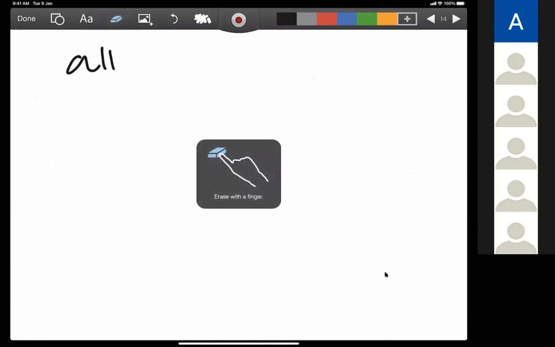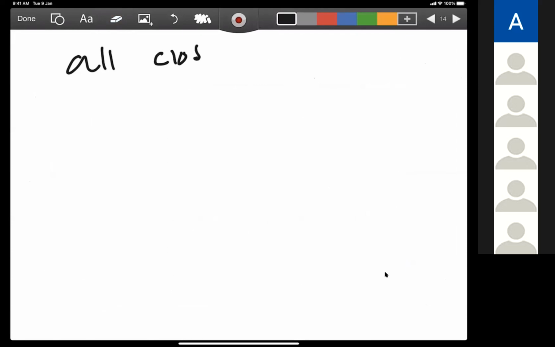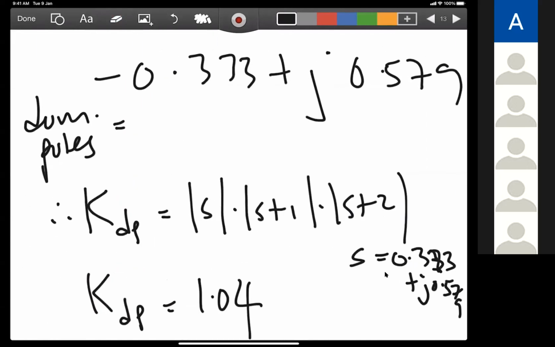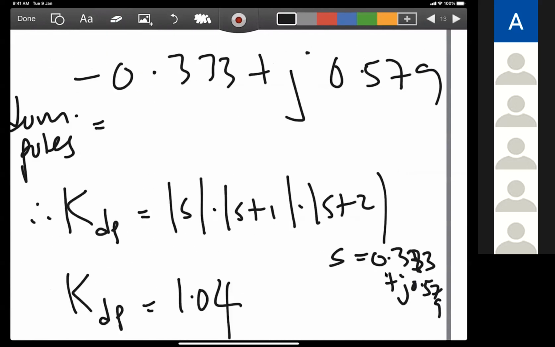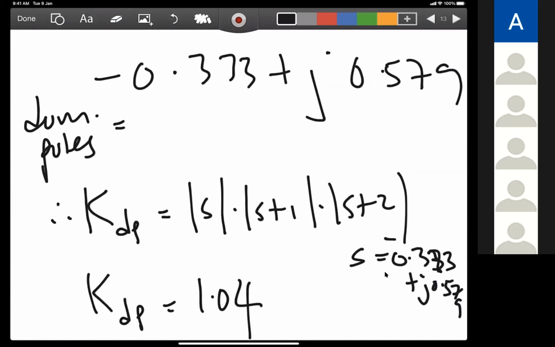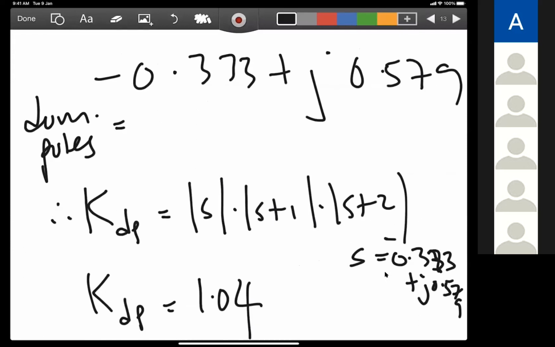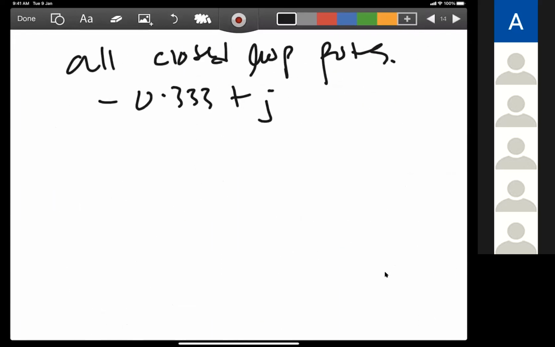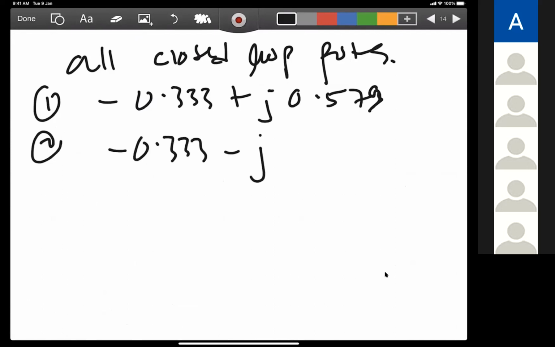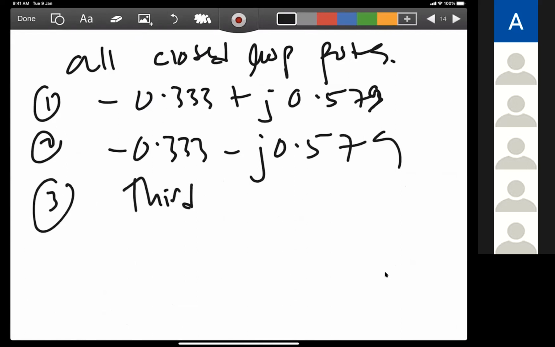All closed loop poles. So we have the dominant poles just now, which is minus 0.333 plus j 0.579. First one, second one, and the third one is the third pole.